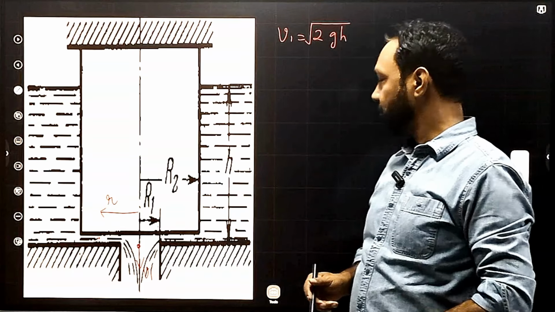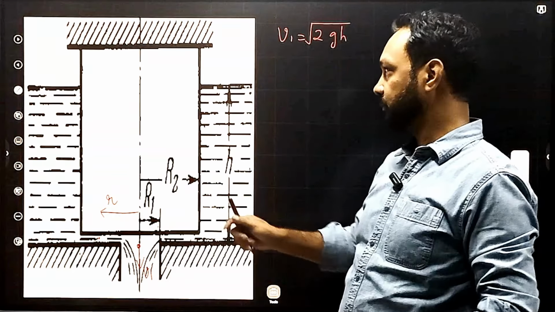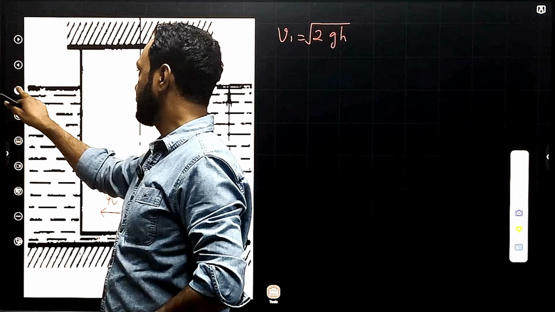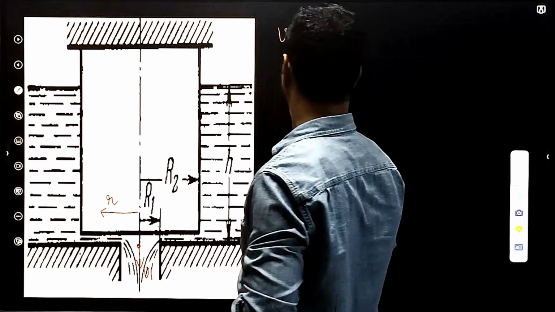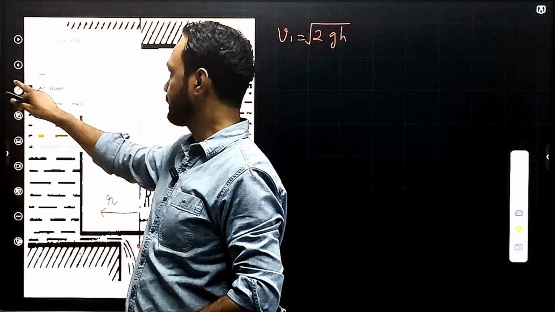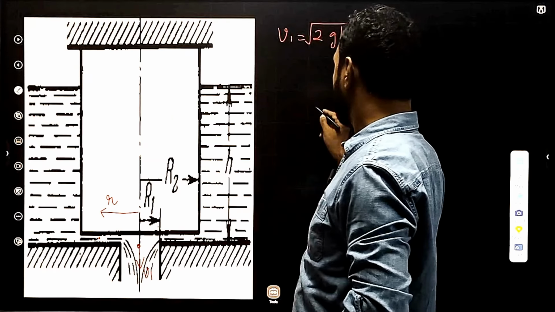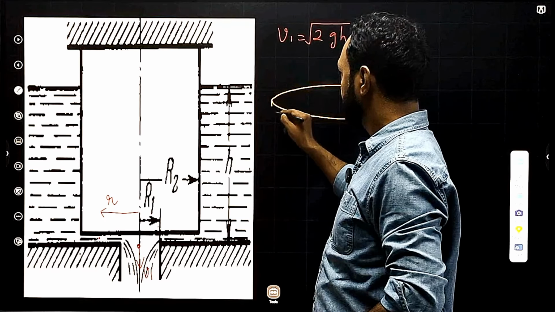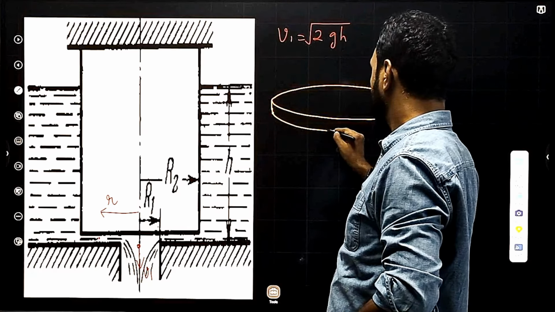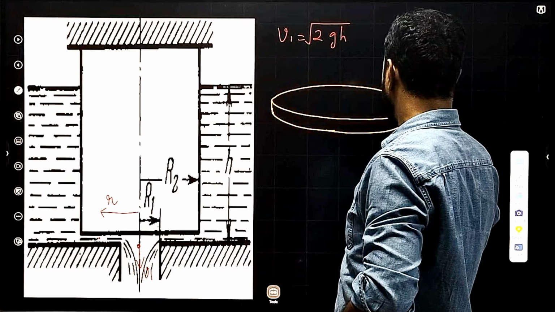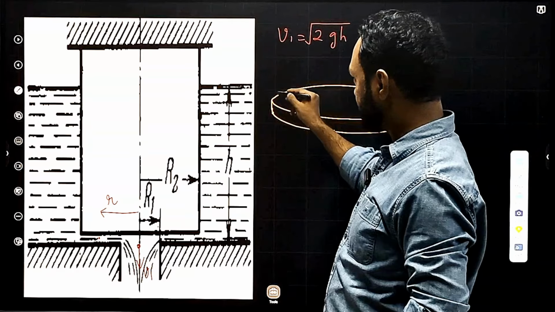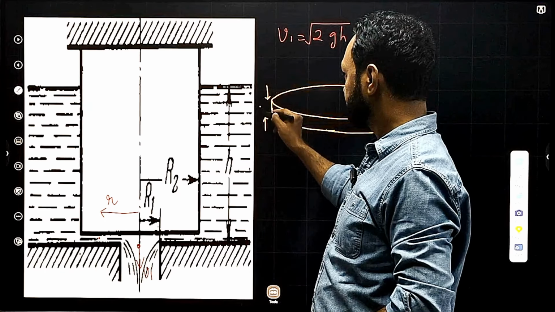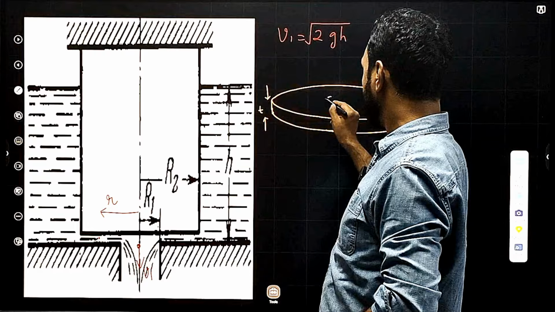So just let's try to visualize the clearance part. Here let me try to draw a diagram. This is the clearance part. Clearance has a very small thickness t. And clearance ends here.